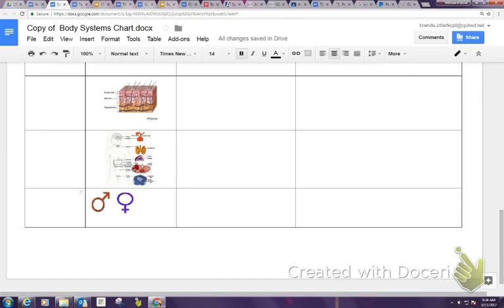Okay, so I'm going to skip the integumentary system, and I'm going to go here to the endocrine system, because this is our other regulatory system. And the organs of the endocrine system are going to be your endocrine glands and the hormones that are produced.